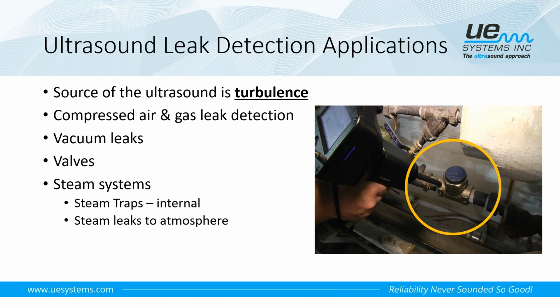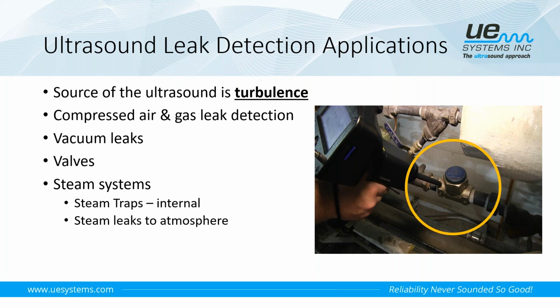But other turbulence related applications are compressed air and gas leak detection, where we use an airborne scanning module. As opposed to what you see in the picture here, where we're making physical contact with, in this case, a disc style steam trap, we use an airborne scanning module to walk into an area of our plant or facility, and just by simply listening through the air, we can pinpoint compressed air or compressed gas leaks.